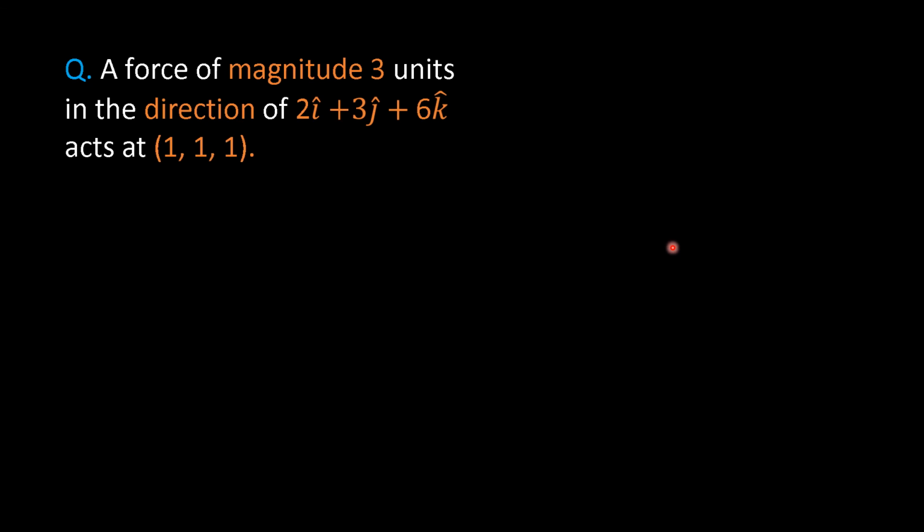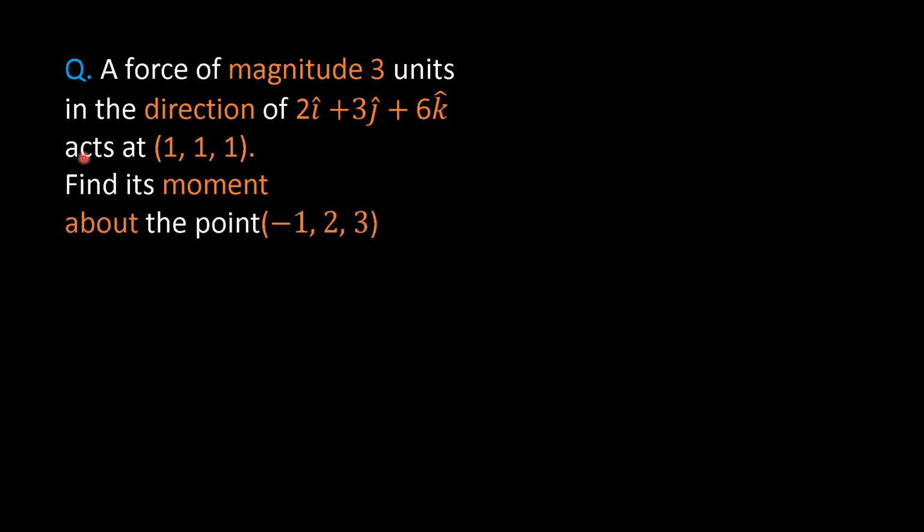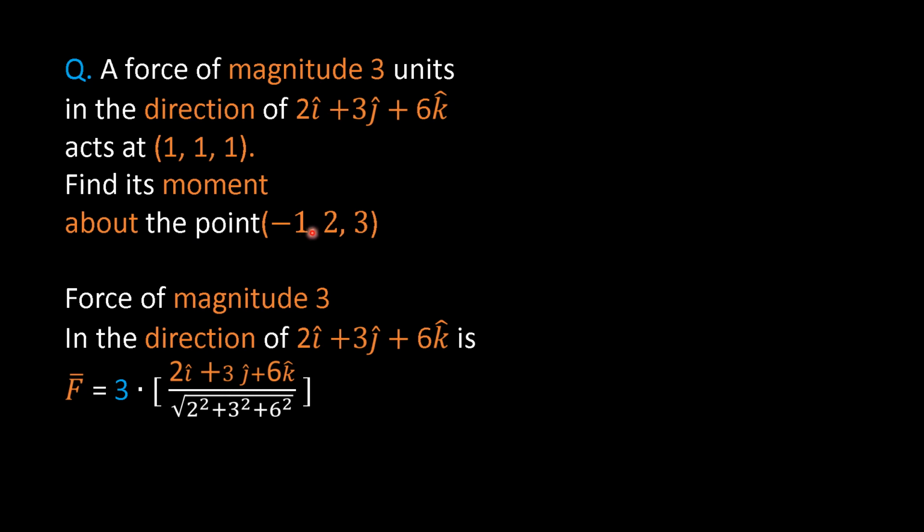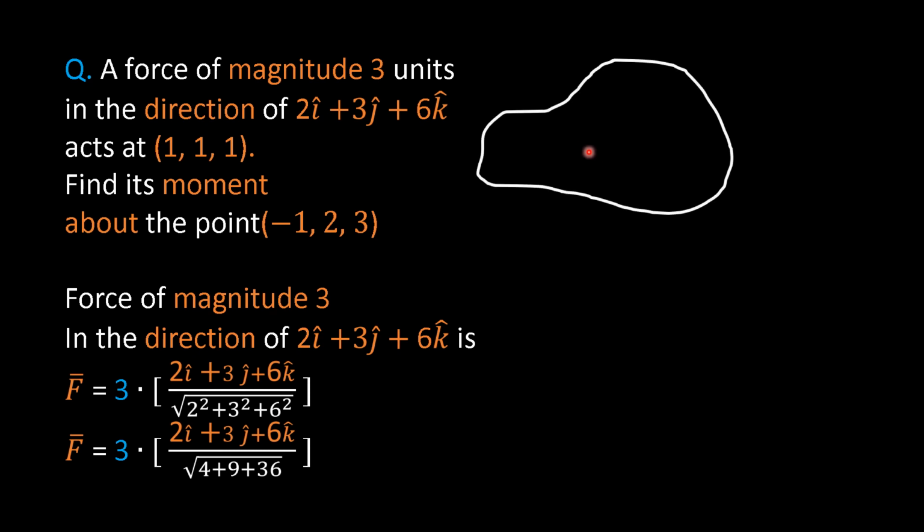A force of magnitude 3 units in the direction of 2i cap plus 3j cap plus 6k cap acts at point 1, 1, 1. This is the point A, 1, 1, 1. Find its moment about the point minus 1, 2, 3. This is the point, and this will be OA bar.